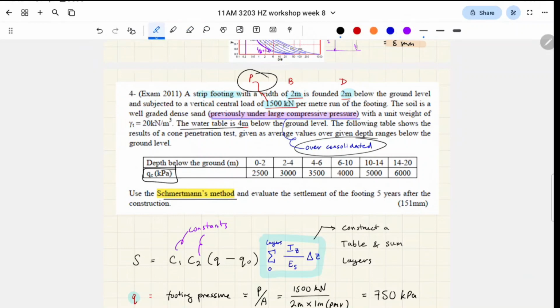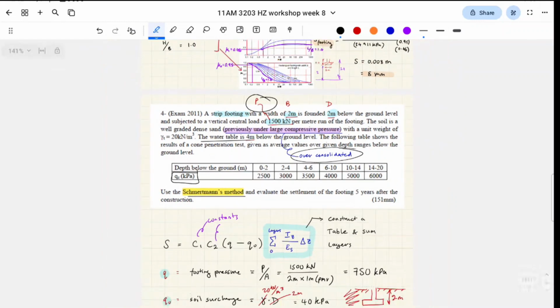So because QC increases with depth, our elastic modulus, or our soil stiffness, is also going to get stiffer as we go further down into the ground. I believe QC is something to do with the pressure it takes to do something in the soil, like crush it or something. I don't know, something along those lines.